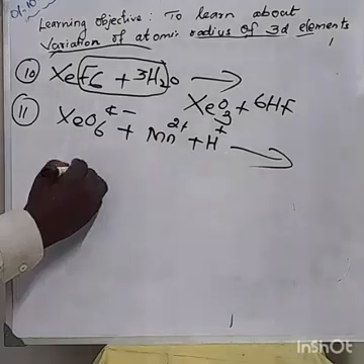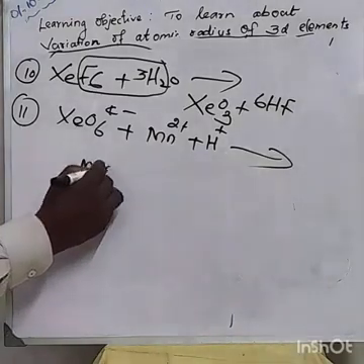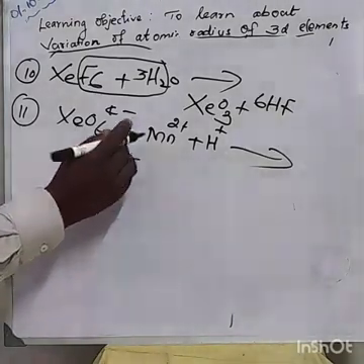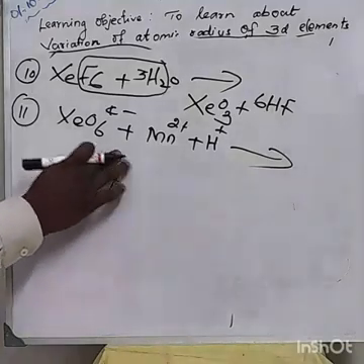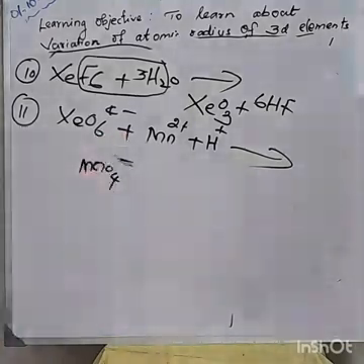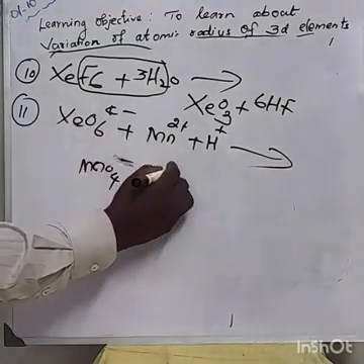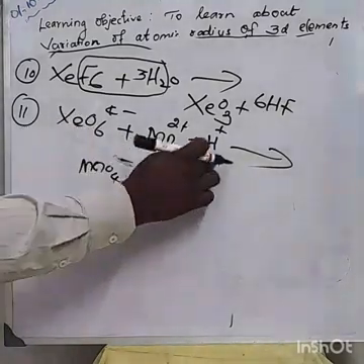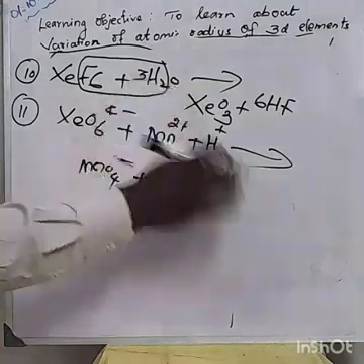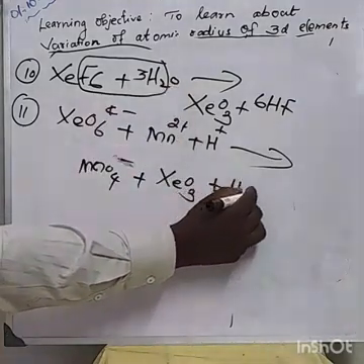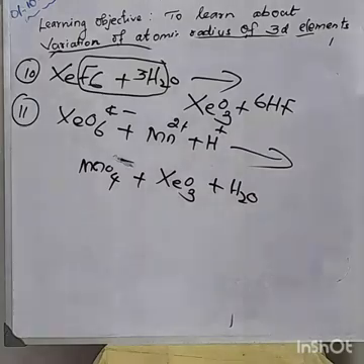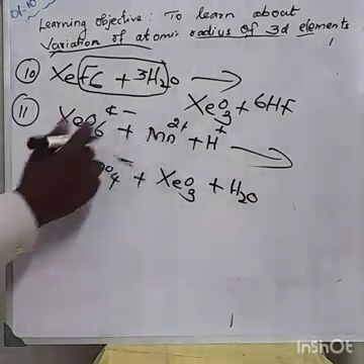Permanganate ion, that is MnO4 minus, and also we get XeO3, xenon combines with oxygen to form XeO3. Here I have hydrogen, so what's the product? Water, compulsory. That is water.